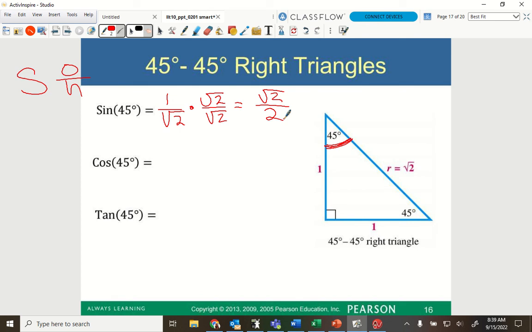And then cosine is going to be adjacent over hypotenuse. So cosine is rad 2 over 2.